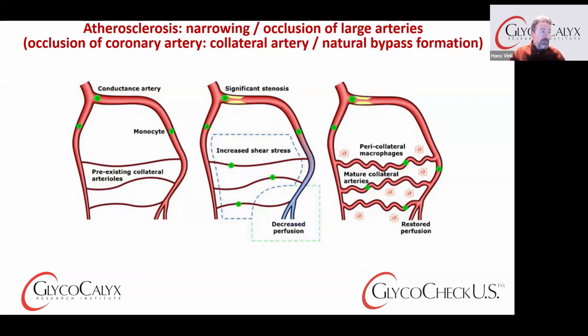And the reason why is that everybody has what we call pre-existing collateral vessels, which are natural bypasses that can take the blood from the healthy artery to the side of the heart where blood flow is impaired because of the atherosclerosis.